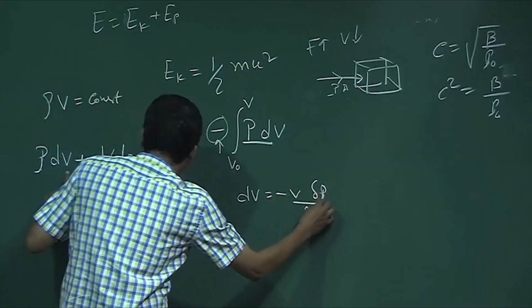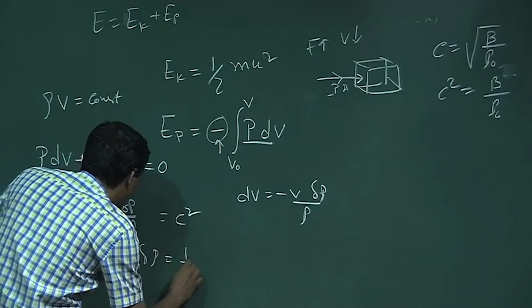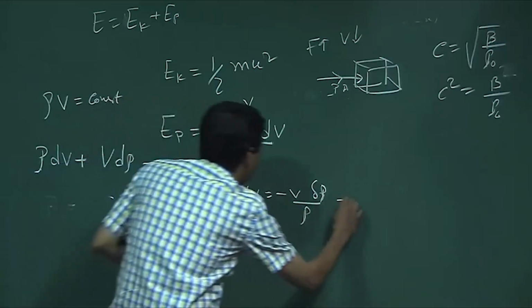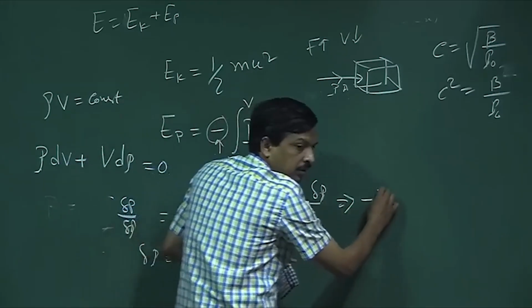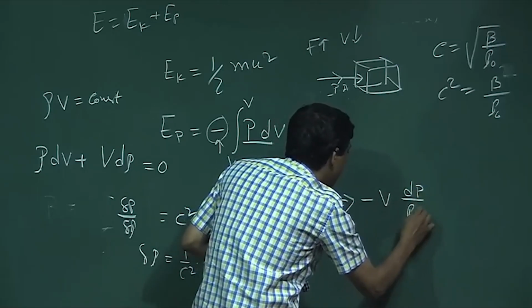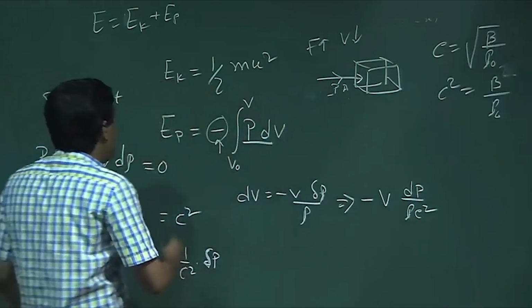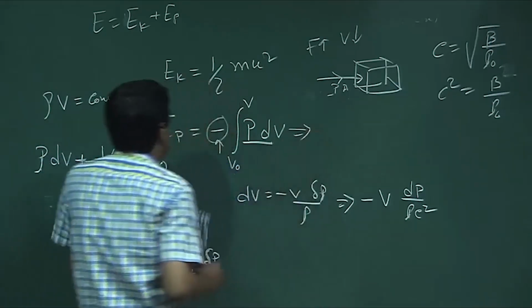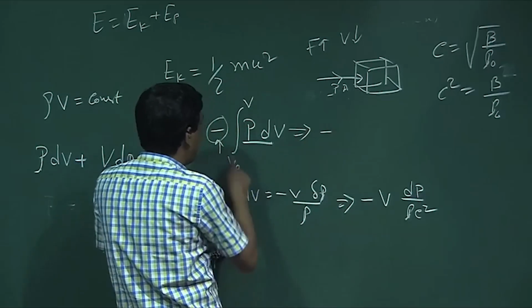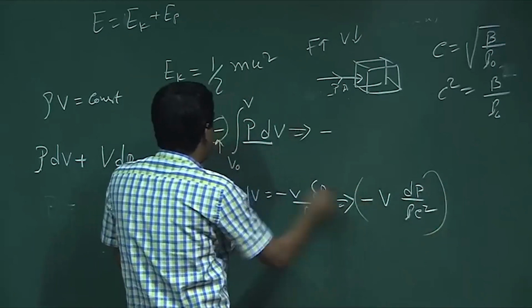So, here del rho is nothing but 1 by C square into del P. So, this is minus V del P divided by rho 0 rho C square. So, I put those things in this equation. So, it is minus, positive. So, I am putting the value of del V.